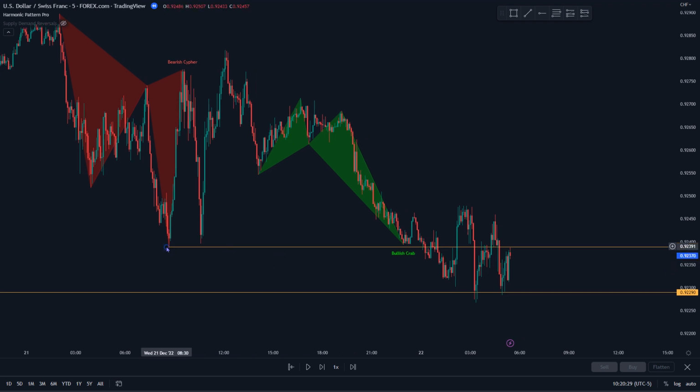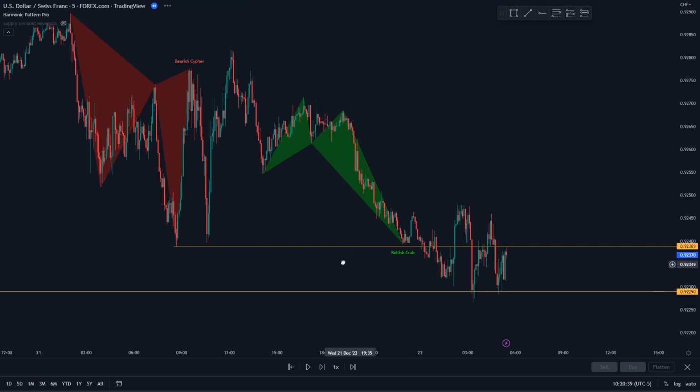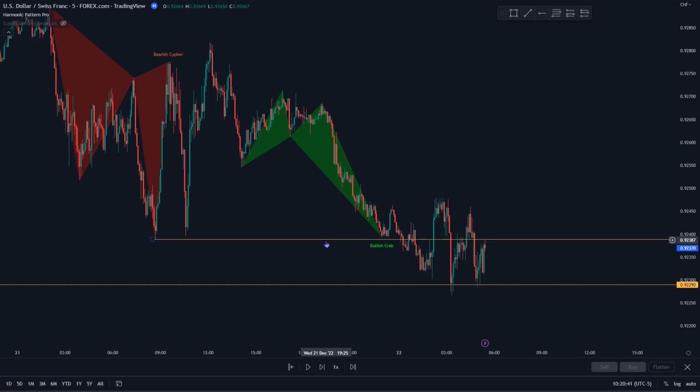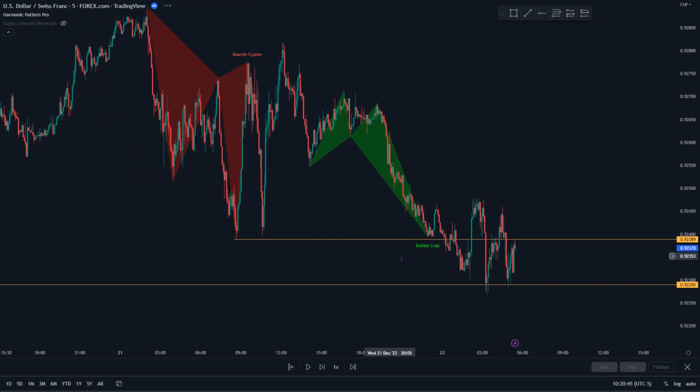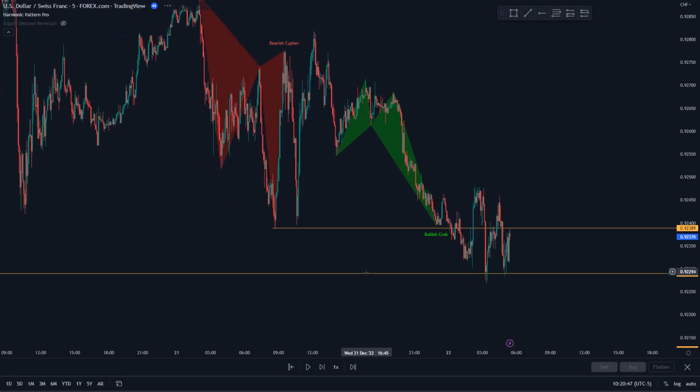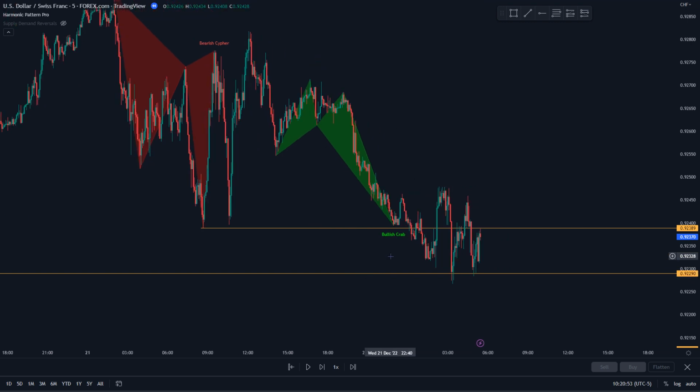Again, this was the low of the 15-minute bearish pattern, so we still have not seen that low taken. We still have a valid reason to think price is going to go lower, to at least here, to the 15-minute low. And then this is our ultimate objective, the 1 hour low on the bearish pattern.